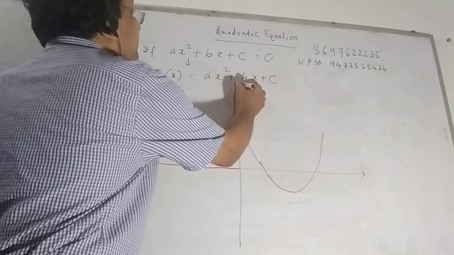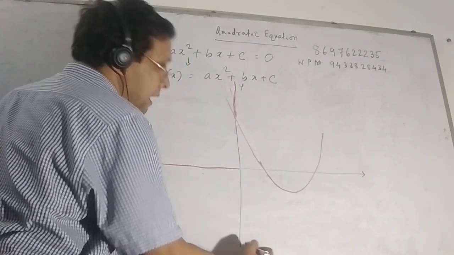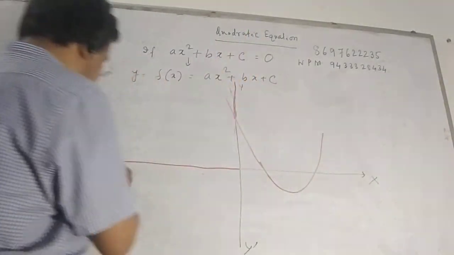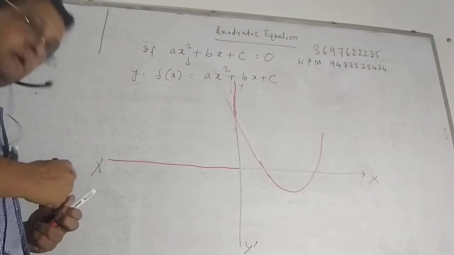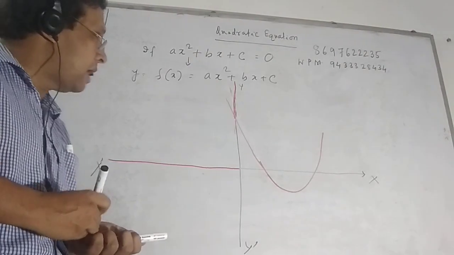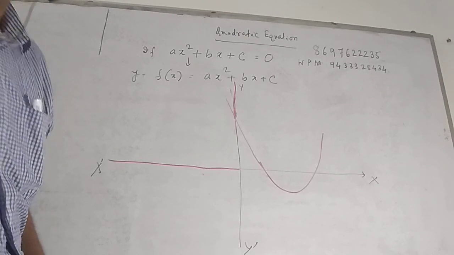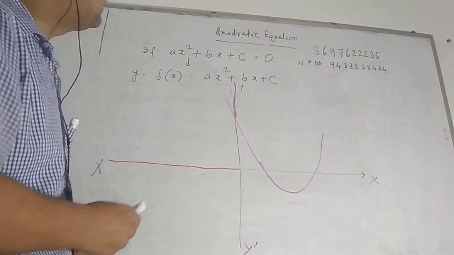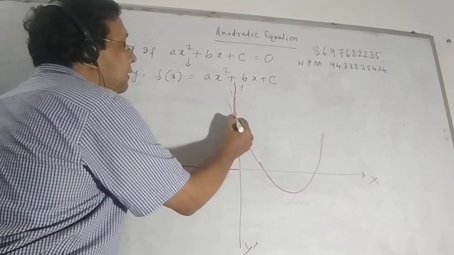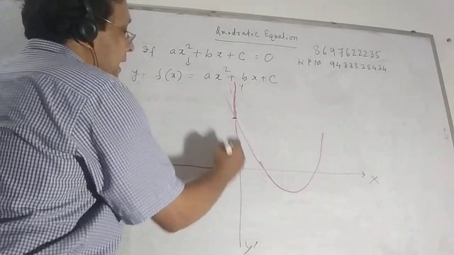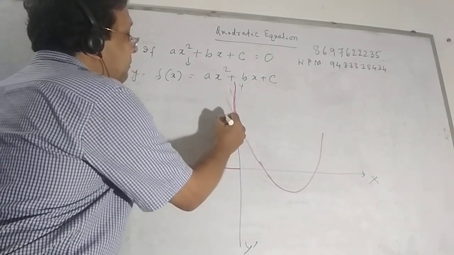This is the y-axis, y dash, and this is x dash. You see that the parabola has intersected the y-axis at this particular point, and suppose I call it (0, c).